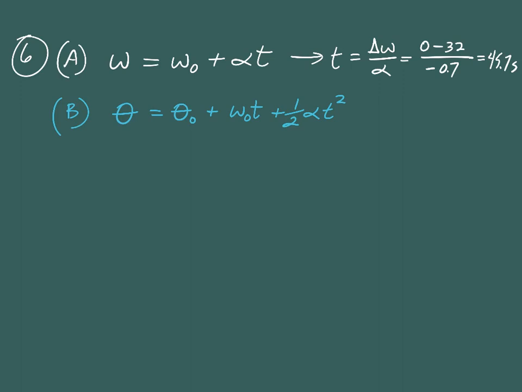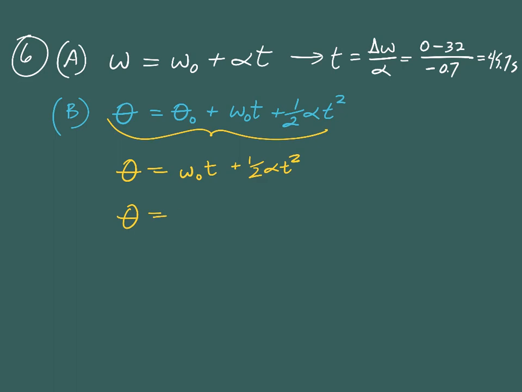And so initially, this position would be 0. So what this is going to boil down to is that our theta will just be the speed and time, the speed that we start at and the time that it goes, that initial speed, plus half alpha t squared.